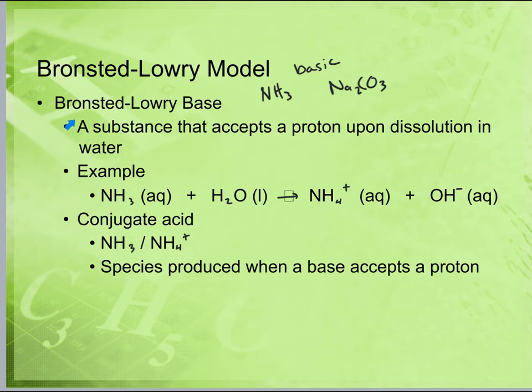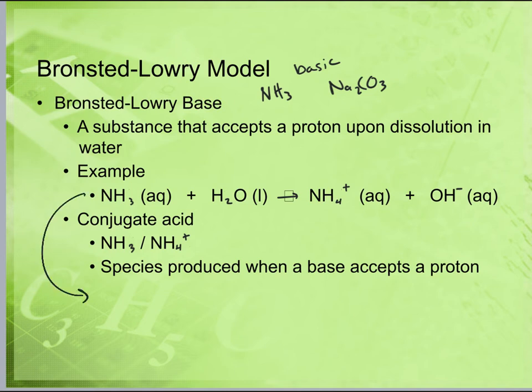They say a Bronsted-Lowry base is a substance that accepts a proton upon dissolution in water. So what's happening here? Ammonia is not donating a hydrogen off. Instead, it's going to add another hydrogen, or in this case we'll use the word proton, onto it. So ammonia plus water, what we get is NH4, ammonium ions, and hydroxide ions.